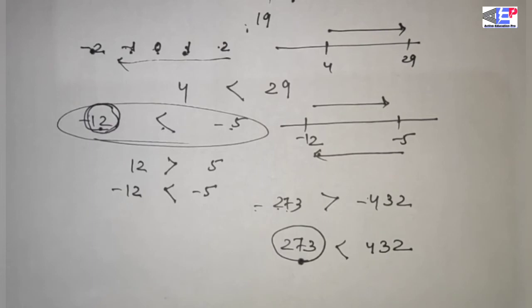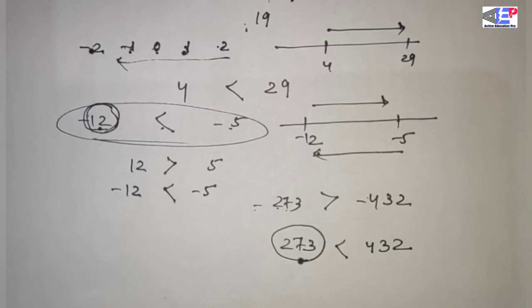If both negative integers are to be compared, the negative integer containing the smallest numerical value will be the greater integer than the other number. This is the theory. And in my next video, we'll verify it with more examples.